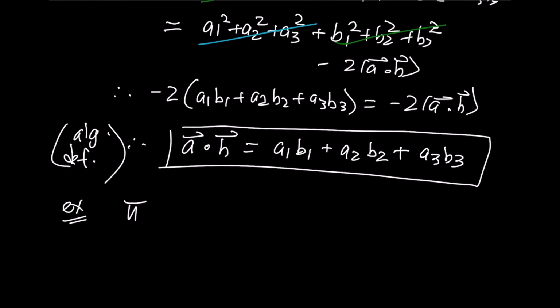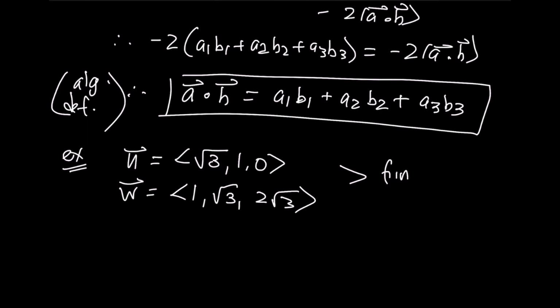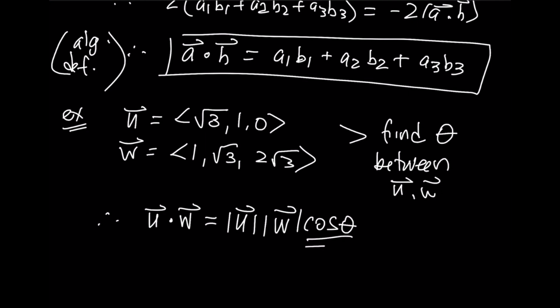If I give you a vector u, let's say root 3, 1, 0, and a vector w, 1, root 3, and 2 root 3, I have no idea how these vectors look relative to each other. And the question that I want to find here is I want to find the angle between these vectors. Well, luckily we can combine both versions of the dot product formula we've got. This is going to be the length of u times the length of w times the cosine of the angle between them, and this is the part that I'm looking for.